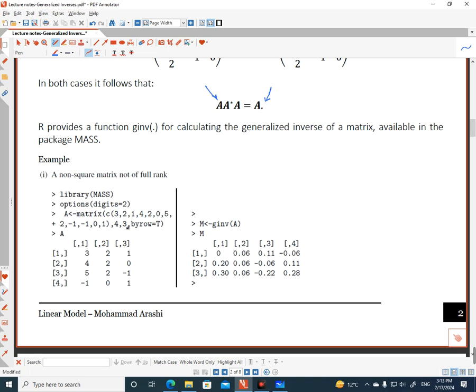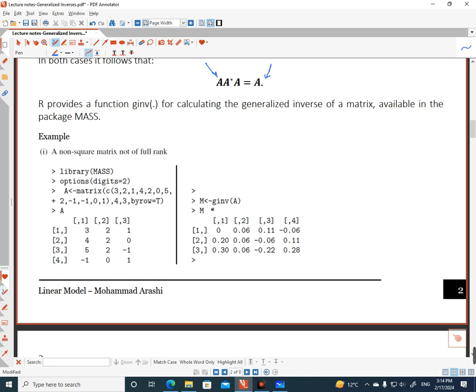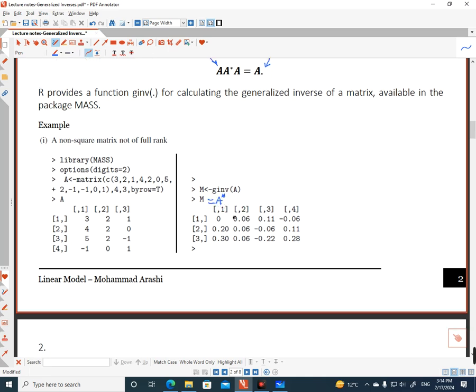It's a 4 by 3 matrix, so we have 4 rows and 3 columns, and I use byrow equals TRUE so that I can read this matrix as you can see here. And if I use ginv of A, then M is the generalized inverse of A. Here, according to our notation, M is A star.